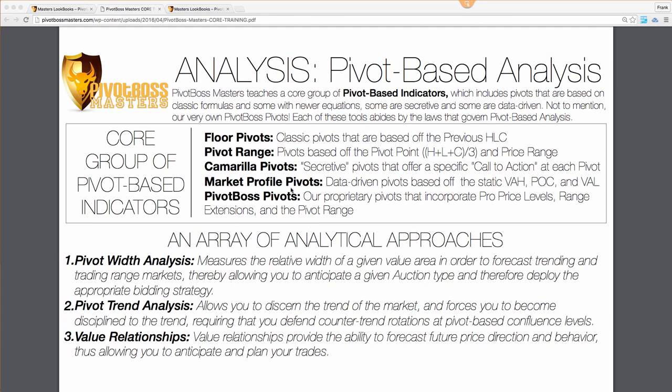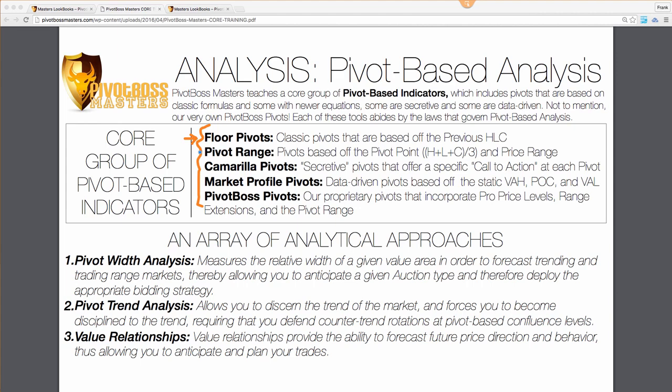But this is kind of the evolution of my understanding in terms of all of this right here. I learned these first, floor pivots, and we'll talk more about them in a second. Then I threw on the pivot range, and from there, Camarilla, market profile, and then Pivot Boss pivots.